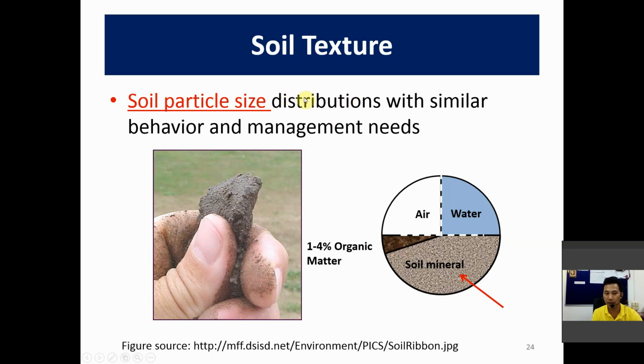So we have to keep in mind that soil particle size distribution, or soil texture, only involves soil mineral. So once you interpret the data in terms of soil behavior and whatever is relevant to soil texture itself, it can be misleading as well. So you have to have more information to set up some sort of agenda to manage the soil system.